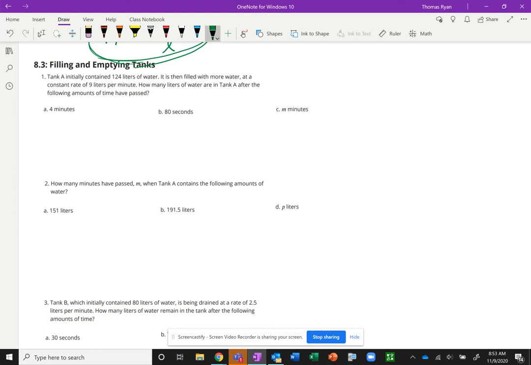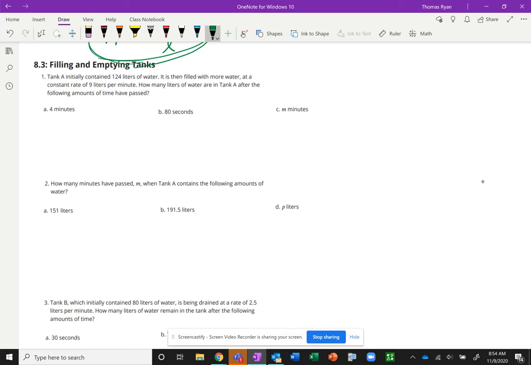8.3 talks about filling and emptying tanks of water. Tank A initially contains 124 liters. It's then filled with more water at a constant rate of 9 liters per minute. So let's just think through how many liters of water are in the tank after certain amounts of time.